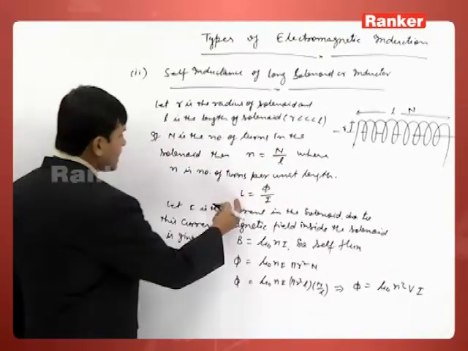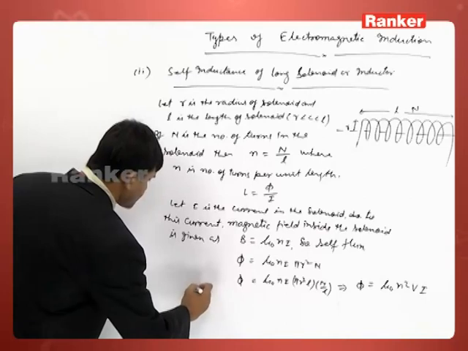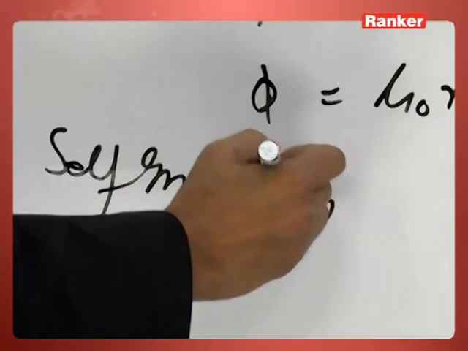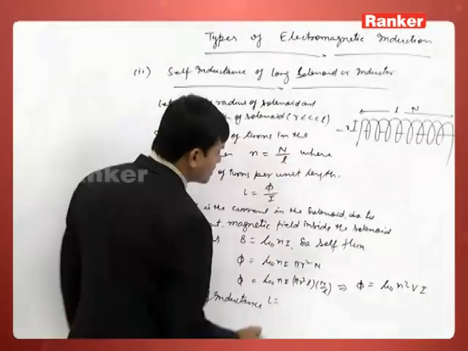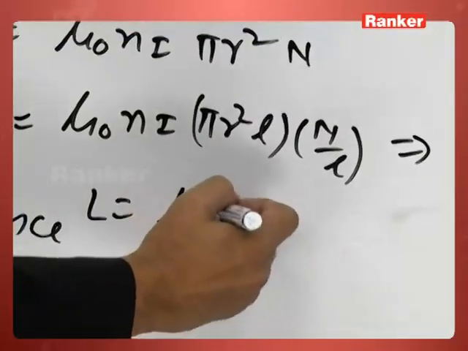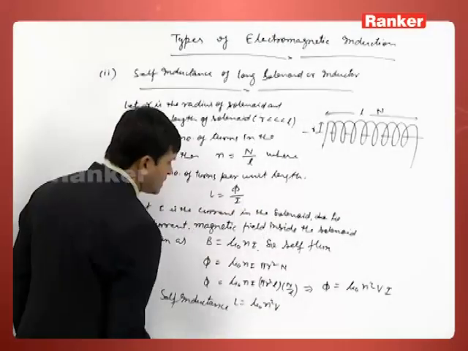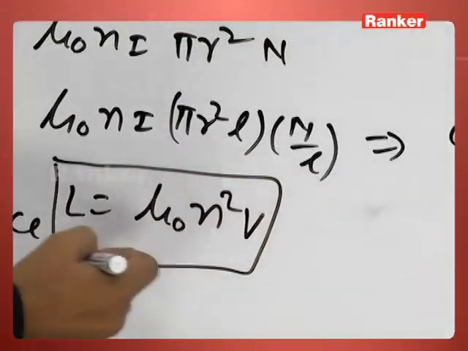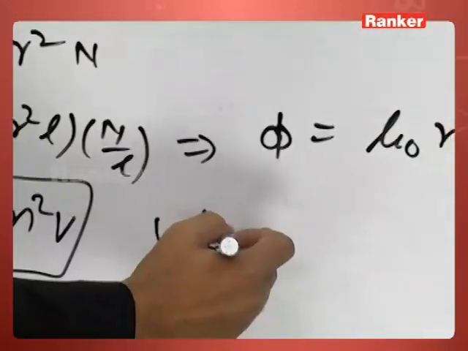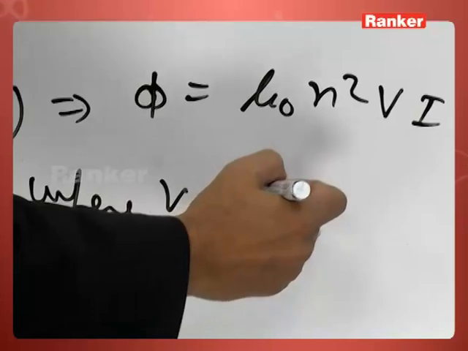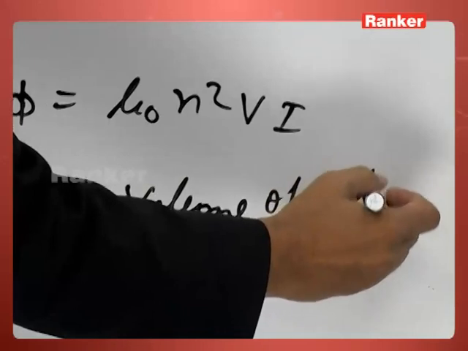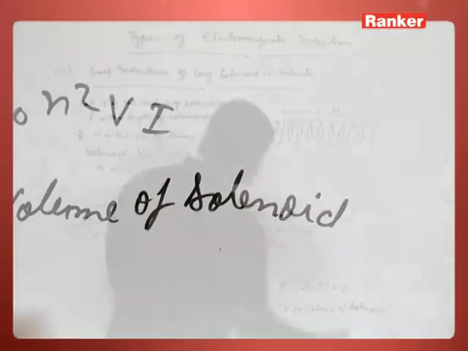So self-inductance L is equal to φ by I. So this is μ₀ N² V. This is the self-inductance of a solenoid, where V is the volume of the solenoid.